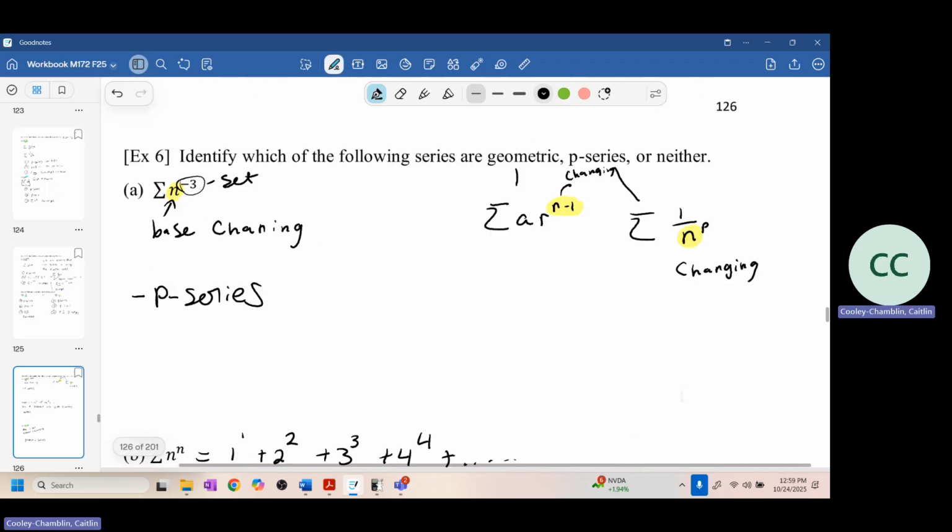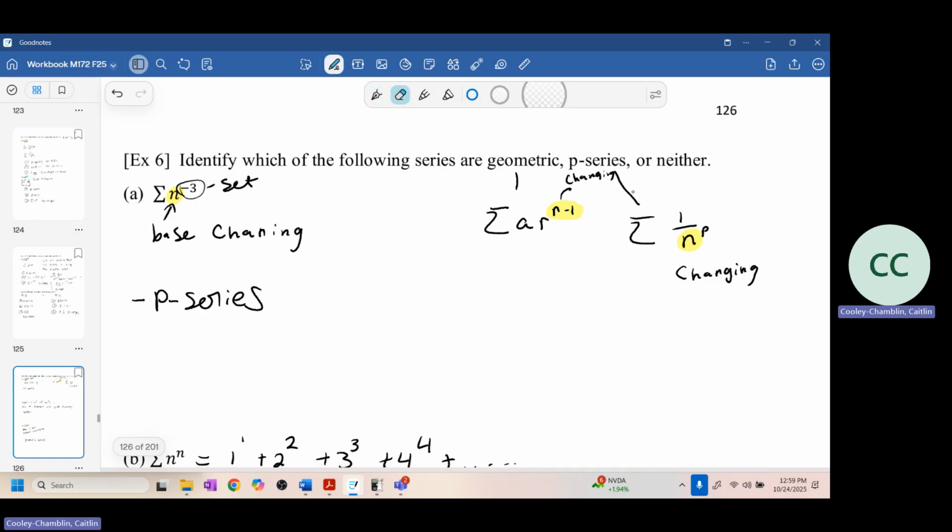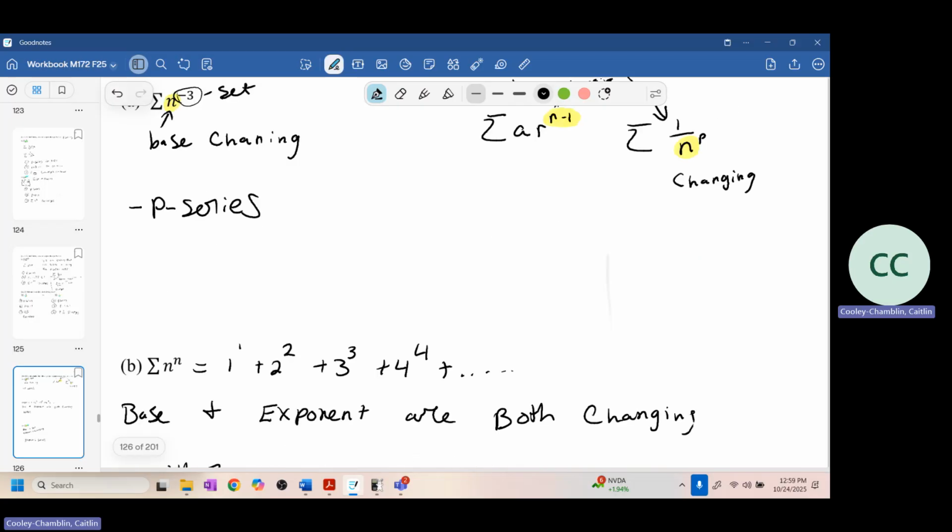So I wrote that up here and realized that my arrow there we go. So geometric series, the exponent changes. Let's write that down.